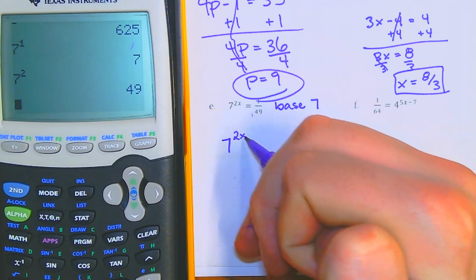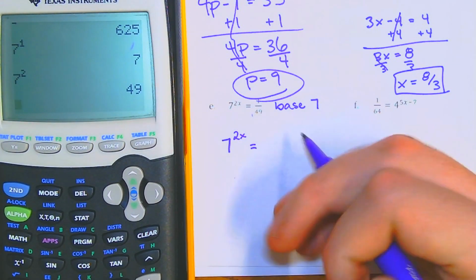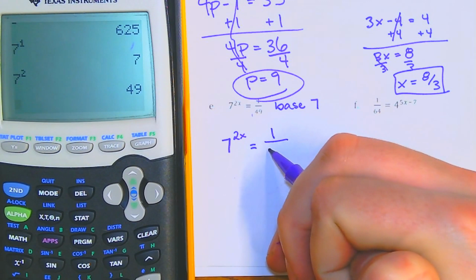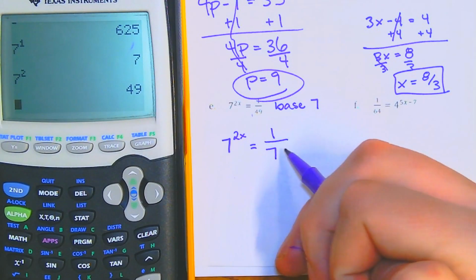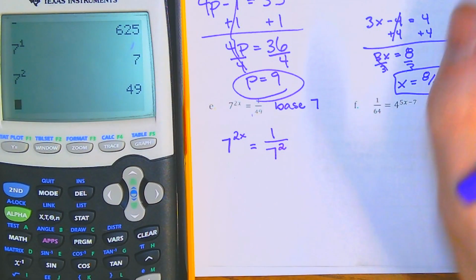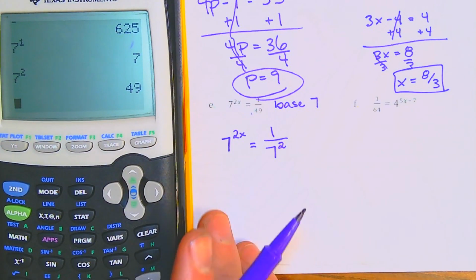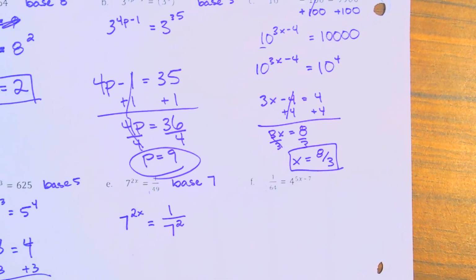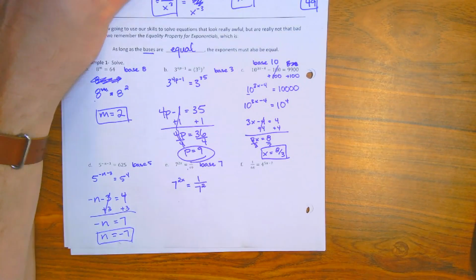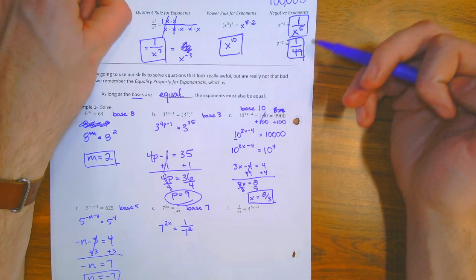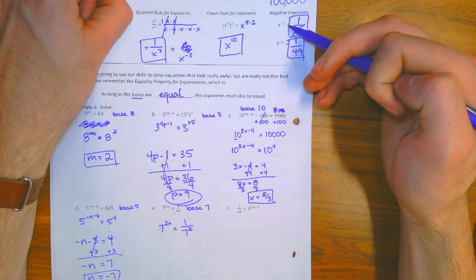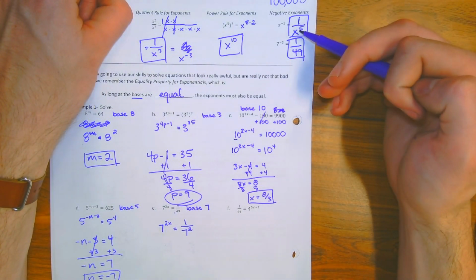Now what I want you guys to do, rewrite your equation as 7 to the 2x equals 1 over 7 to the 2nd power. Okay. Now you guys might still have a little bit of an issue with this. I want to refer to the problem that we did at the beginning with the negative exponents. Okay, so let's zoom out a teeny bit. So you can see up here where it says x to the negative 5th equals 1 over x to the 5th.